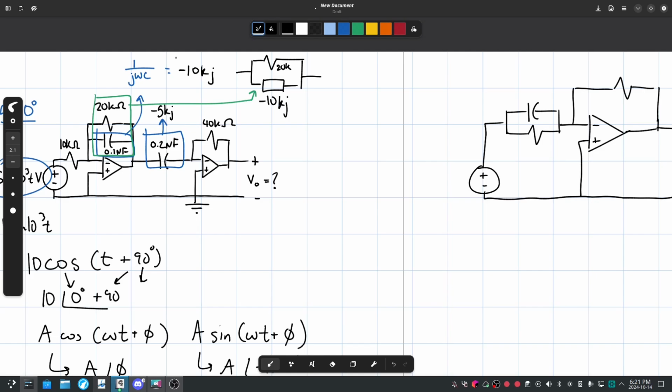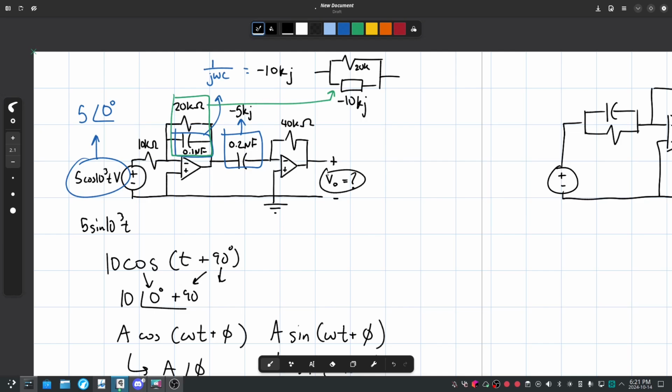What is the objective for this question? It's to find VO. So this is the circuit we have right here. To combine them, it's just going to be 1 over Z1, we'll take this as Z1, plus 1 over Z2, we'll take this as Z2, all to the power of negative 1.